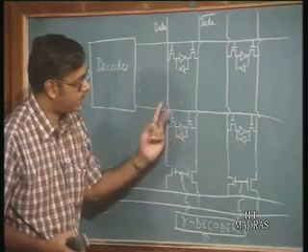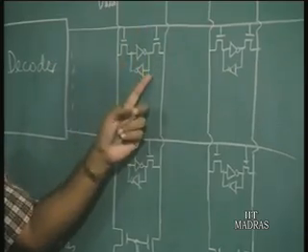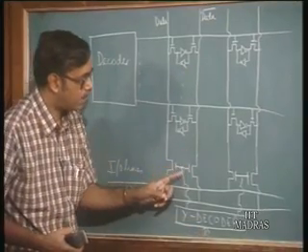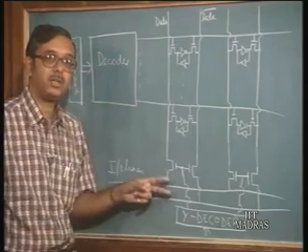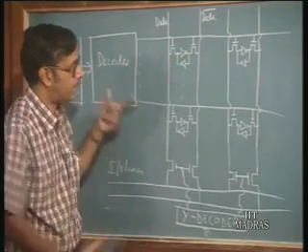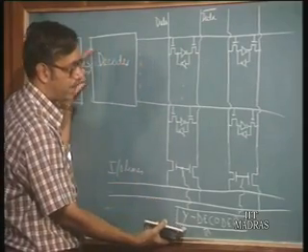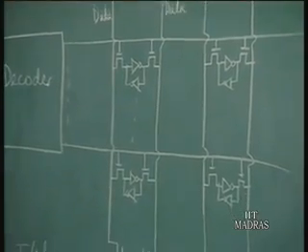So the information available on the data lines corresponds to that particular cell, and with the help of the Y decoder again we are selecting one particular column. So the output of that particular column is available on the I/O lines. So depending on the combination of the X and Y inputs, one particular cell is selected. So that is how it works.